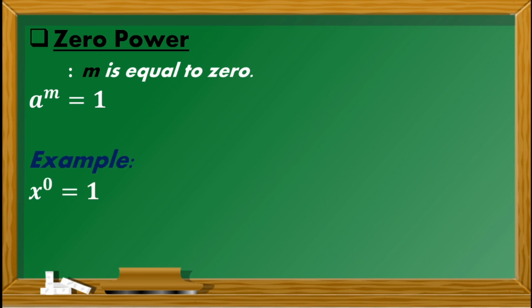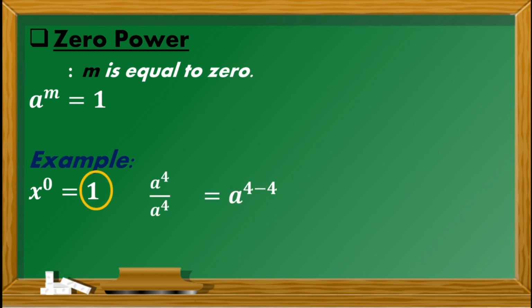Okay, last is 0 power. M is equal to 0 or yung exponent natin is equal to 0. So, a raised to m equals 1. Ibig sabihin pala, kapag ang ating exponent ay 0, automatic na siya ay equal to 1. Halimbawa, x raised to 0 equals 1. 1 na yung ating sagot.